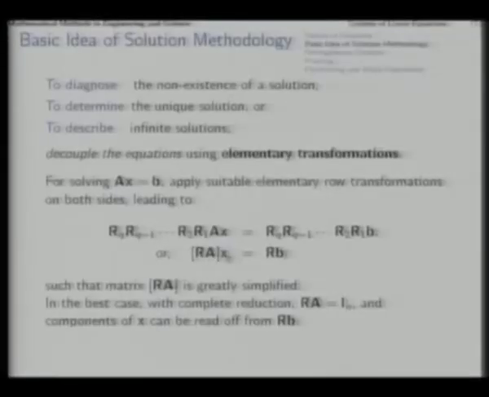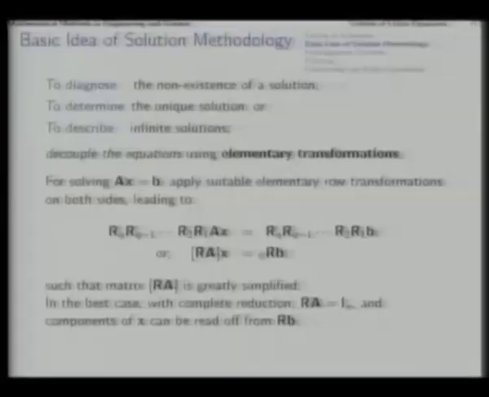Then identity times x is simply x, and in that case, whatever is the vector on the right hand side, its entries will give us the values of x1, x2, x3, etc. If it cannot be reduced up to identity, then we try to make as much simplification as possible in the matrix RA, so that a little processing is sufficient to find the entries of x, or to describe them in terms of a few variables in the case of infinite solutions.